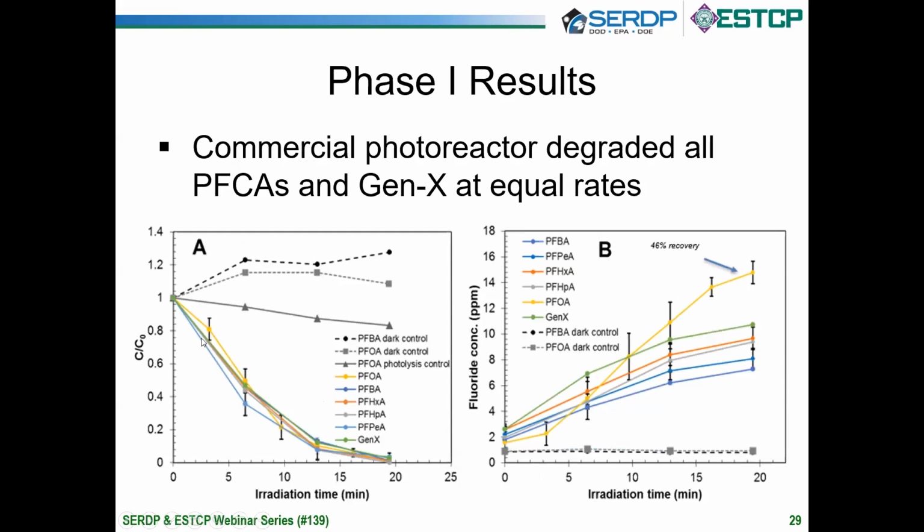We observed not only degradation of the long-chain PFCAs, but actually all PFCAs, as well as GenX, were degraded at essentially the same rate. And interestingly, that occurred whether or not we included the catalyst. So it was indifferent to the presence of the BOHP, indicating that this is really entirely photolysis driven due to that 185 nanometer vacuum UV emission component of the lamps.